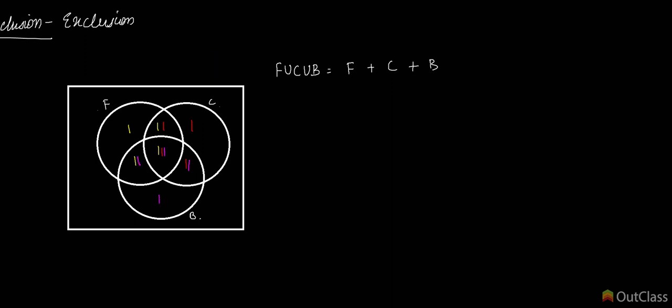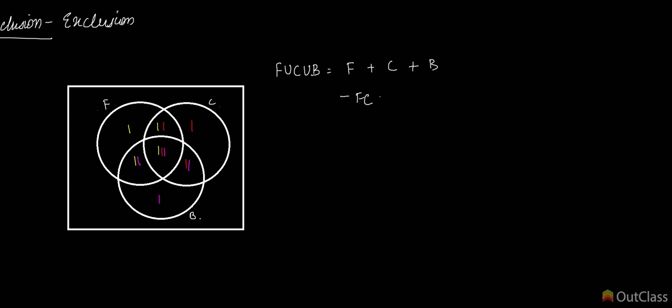So what you get when you add F plus C plus B is that the people who play two sports are counted twice where they should be counted only once. The people who play three sports are counted thrice where they should only be counted once. So what do we do about the extra counts? We subtract F intersection C, which I'm going to write as FC going forward.